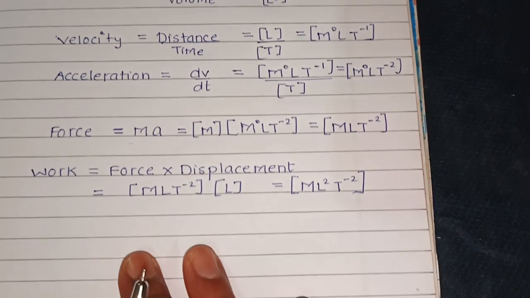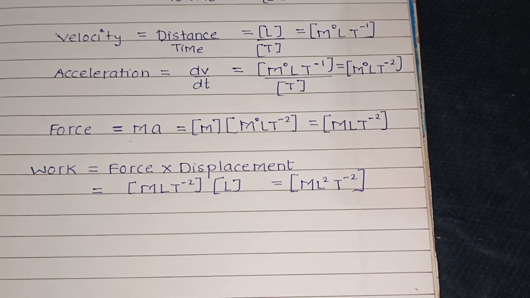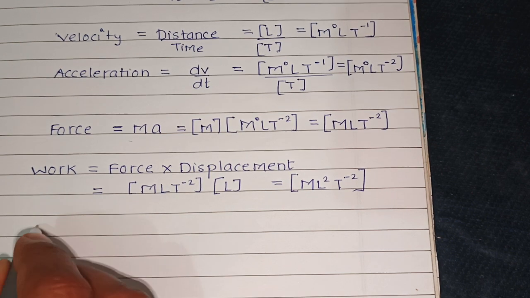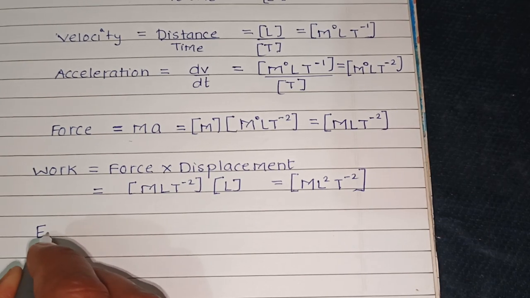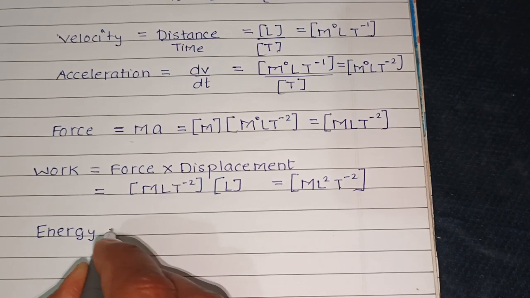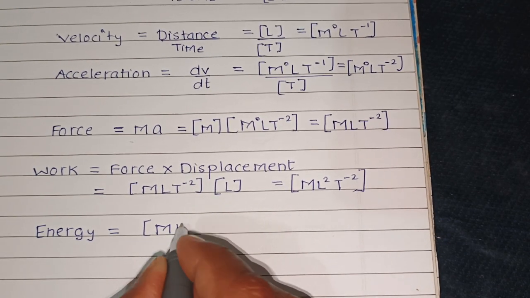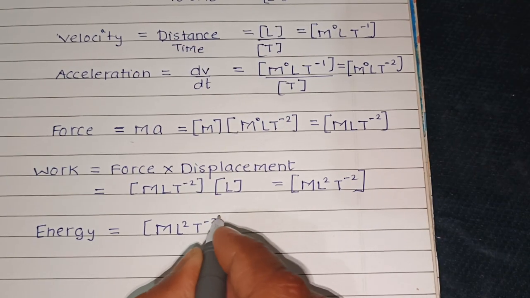Since work is energy and energy is work, the dimension of energy will be the same, M L square T to the power minus 2.